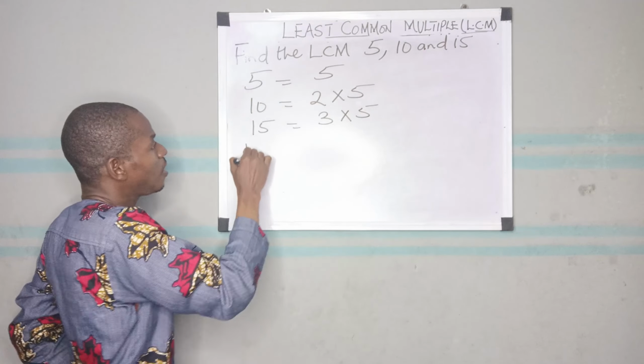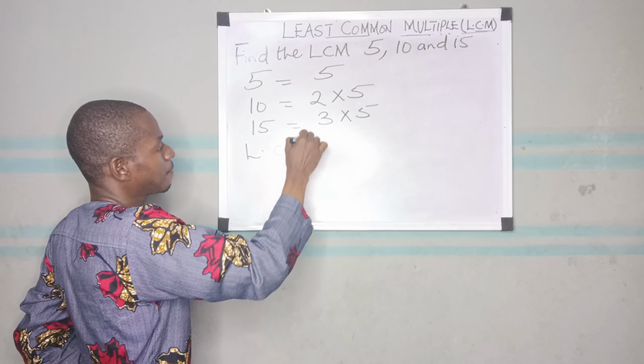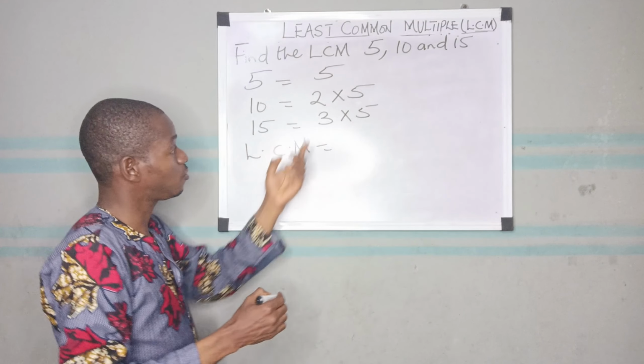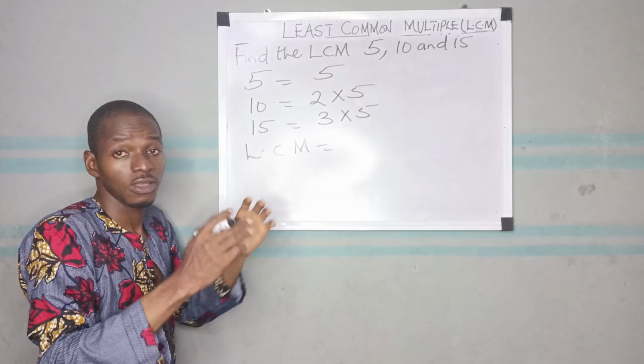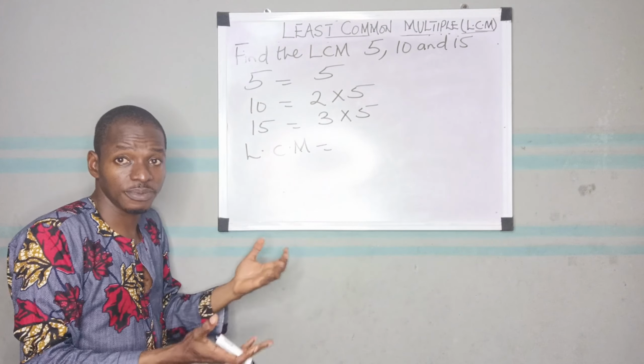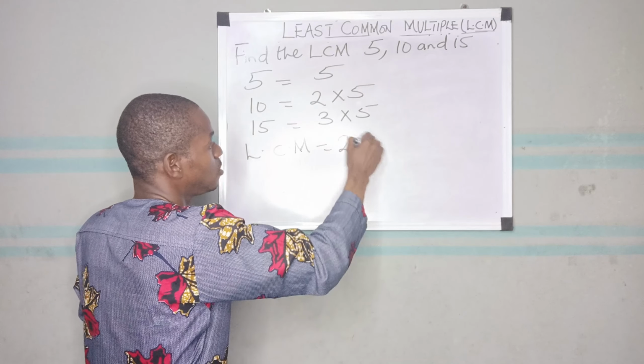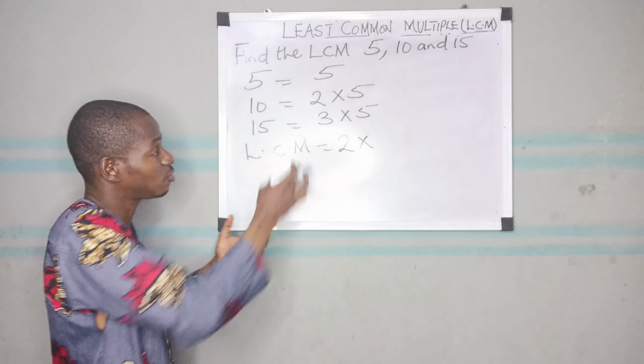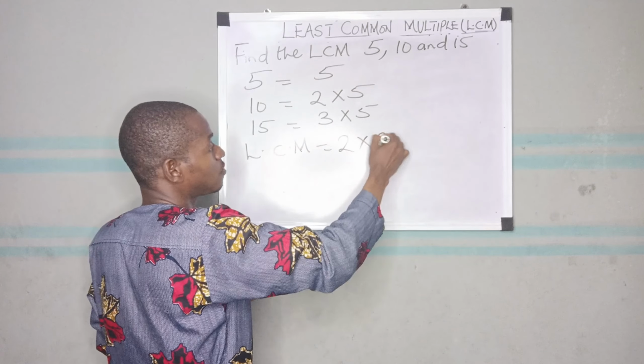Now the LCM. I can find 2 here, so I pick it out. There's no 2 here, there's no 2 here, so we cannot compare which one is bigger, so I just choose it. The same thing, there's 3 here, there's no 3 elsewhere, so I just pick it, times 3.